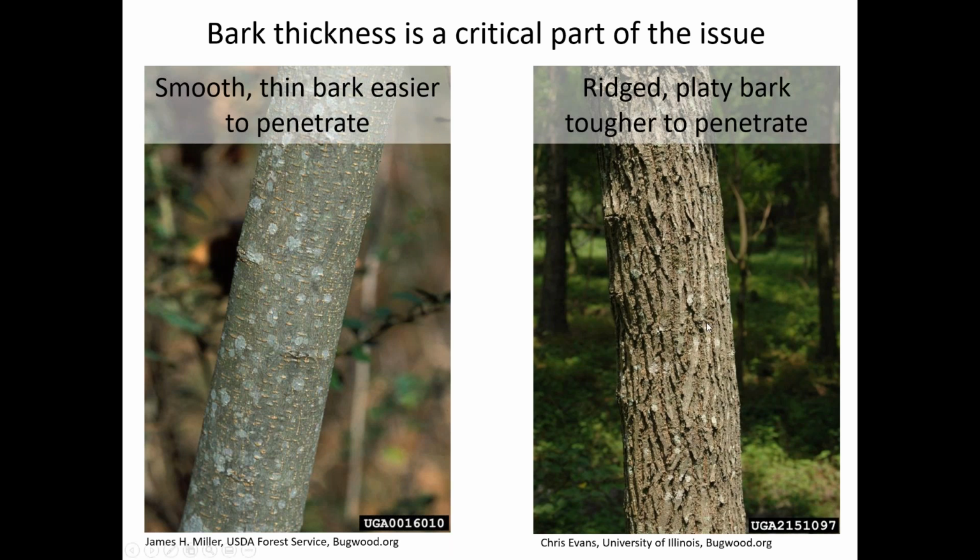Ridged, platy bark, like the picture on the right here, it's much tougher to get really good coverage. It's tougher to penetrate. It's so thick, the oil gets tied up in it, and it's just unable to move through the bark. And subsequently, the herbicide also cannot move through the bark either. So this bark thickness thing is one of the Achilles heels for a lot of woody invasive plants, which is good news for us because they're so fast growing and typically shorter lived species that they don't put on super thick bark.